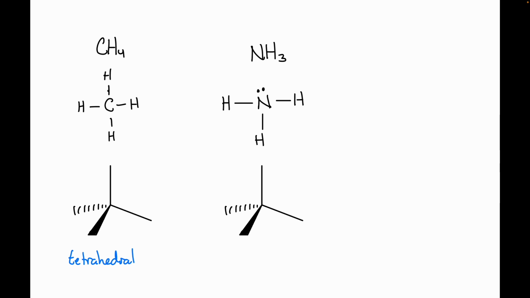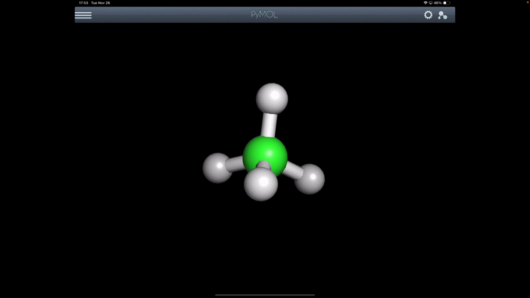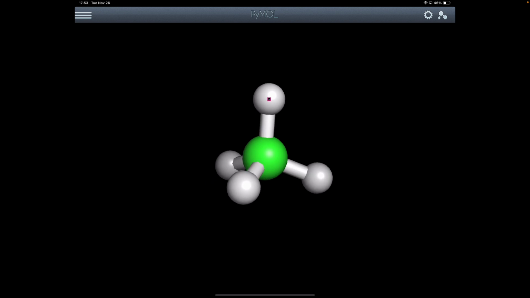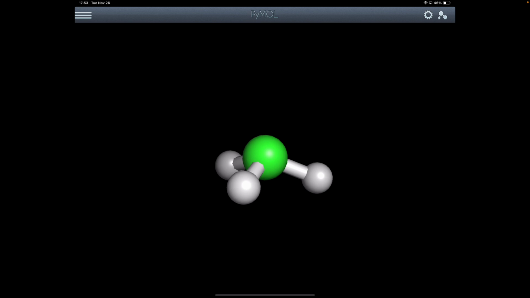Now, remember, when I was showing you these shapes and we were talking about getting the molecular geometry, I said lone pairs are invisible. We can't see them, right? So what I'm going to do is hide this bond right here. Now that's my invisible lone pair.